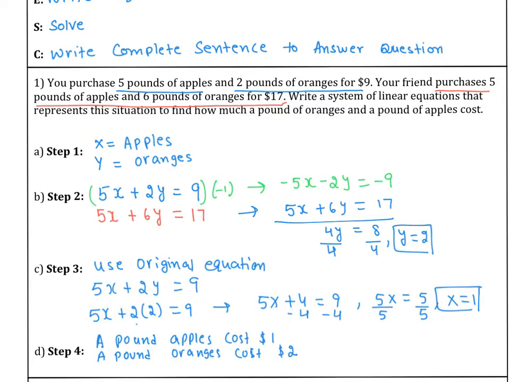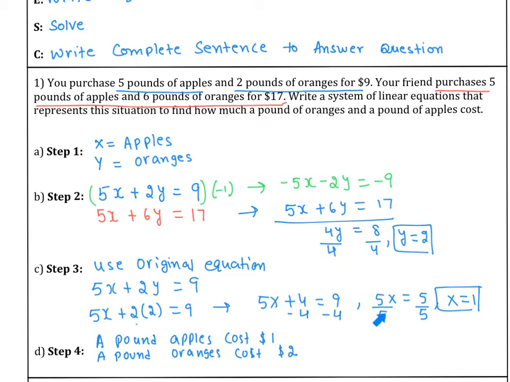Now we are going to use the original equation to solve for the x value. So you're going to use 5x plus 2y equals 9, and in place of y you're going to use the 2 and solve for x. So it's going to be 5x plus 4 equals 9. Then you're going to subtract 4 on both sides. 5x equals 5.